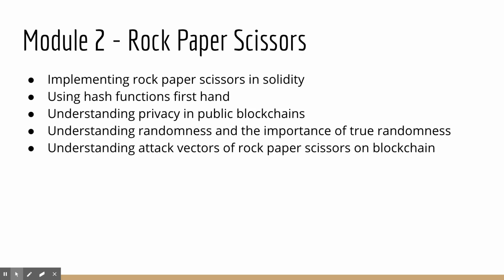So the privacy depends on the application that you're building, but the assumptions should always be the same: everyone can see the public blockchain, and you must consider what happens if people find out certain information that they should not. In our case, if the second player could see at the start that the first player was playing rock, they could play scissors.